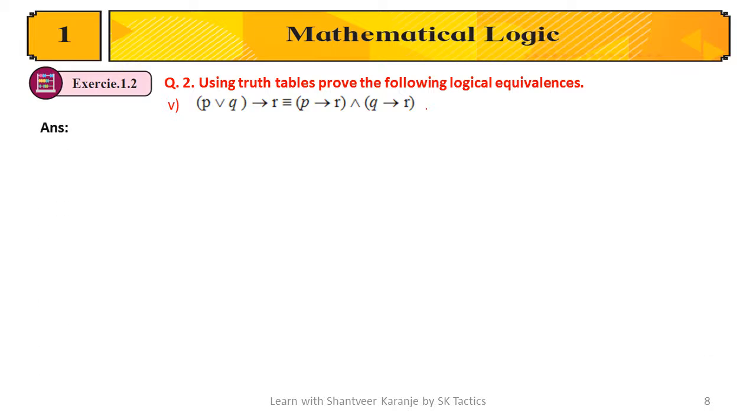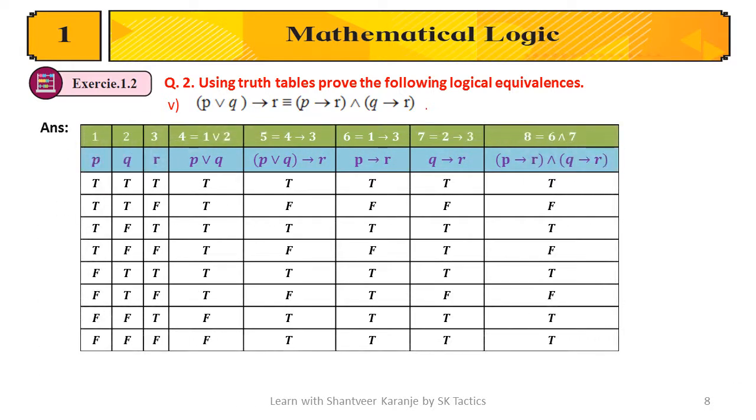So the answer is in front of you now, where P is T T T T F F F F, Q is T T F F T T F F, R is T F T F alternate. The next one, P or Q, fourth column. The fifth column gives us the complete left hand side. The sixth column starts the right hand side.